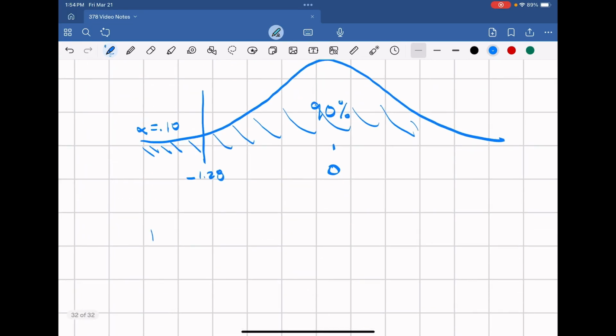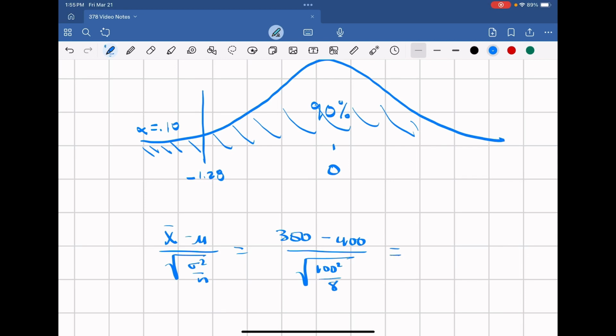I can look at my test statistic and set up X bar minus mu over the square root of sigma squared over n. This is equal to 350 minus 400 divided by the square root of 100 squared over 8, and so this equals negative 1.414.